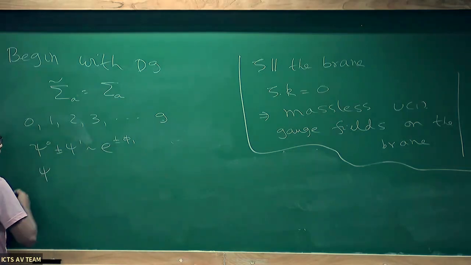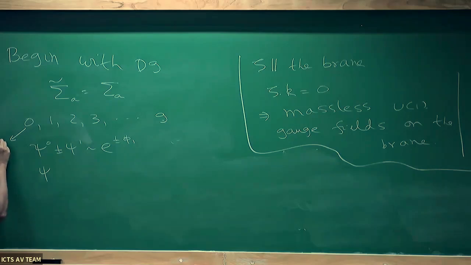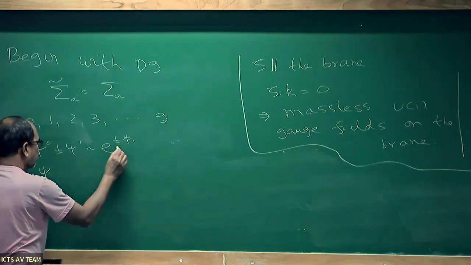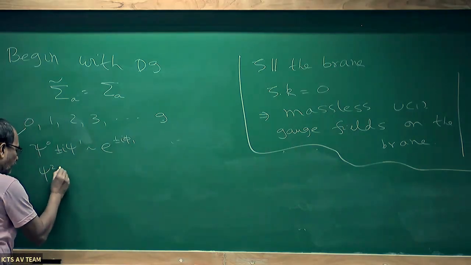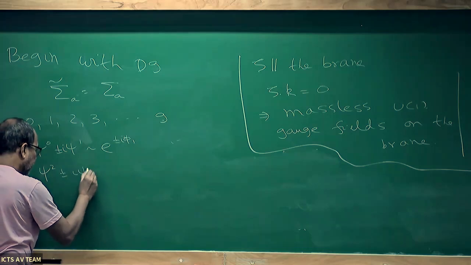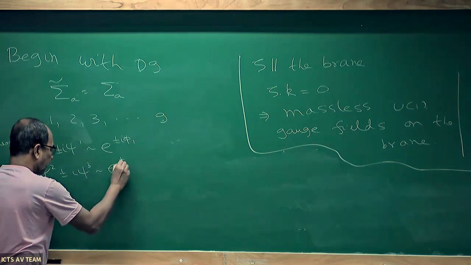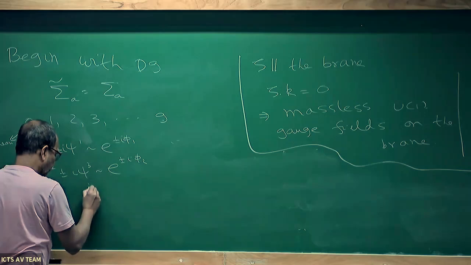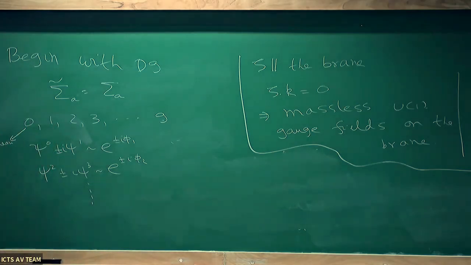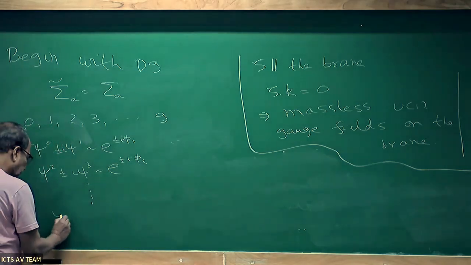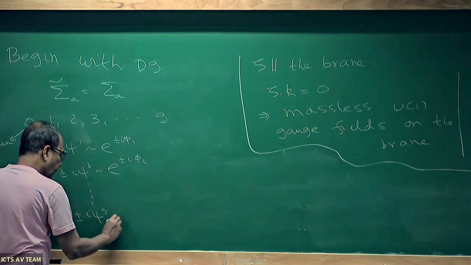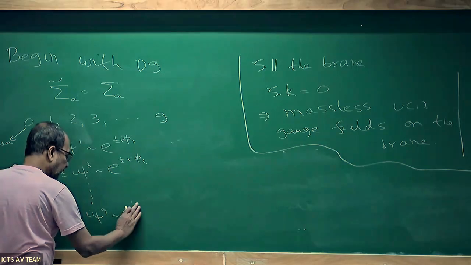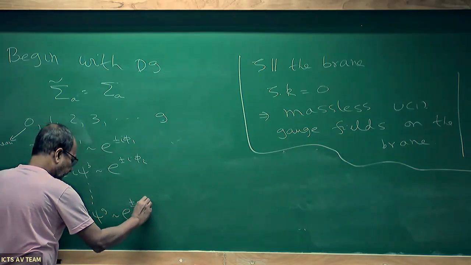Or if you just Euclideanize, then psi 0 plus minus i psi 1 is e to the plus minus i phi 1, psi 2 plus minus i psi 3 is e to the plus minus i phi 2, and so on, up to psi 8 plus minus i psi 9, which is e to the plus minus i phi 5.